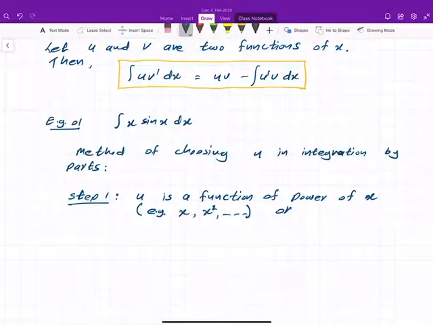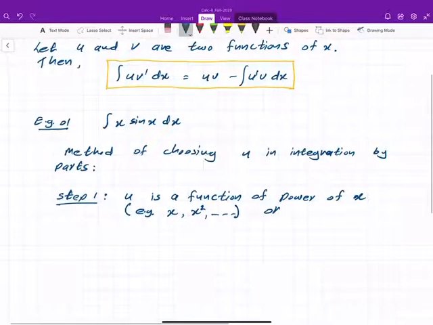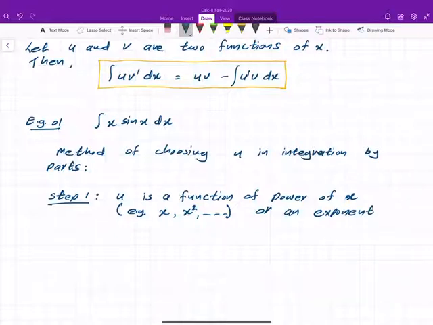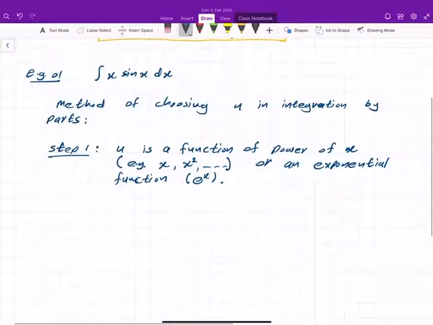Or you could consider u to be an exponential function, that is e to the power x. So you could choose u as this.